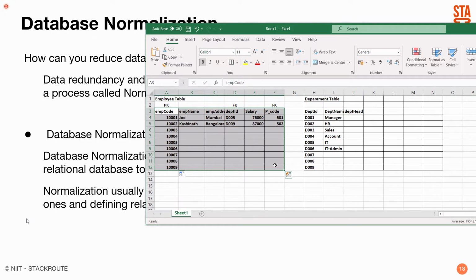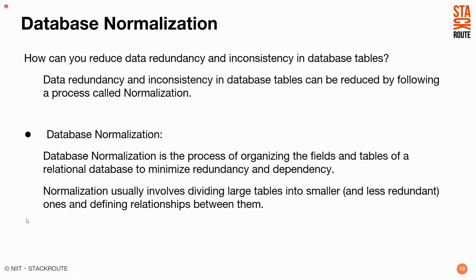One thing is memory wastage. And when it comes to deletion or updation, extra care needs to be taken. So redundancy, duplicate data always needs to be deleted, and inconsistency of data. Those are all removed with the help of the concept called normalization.